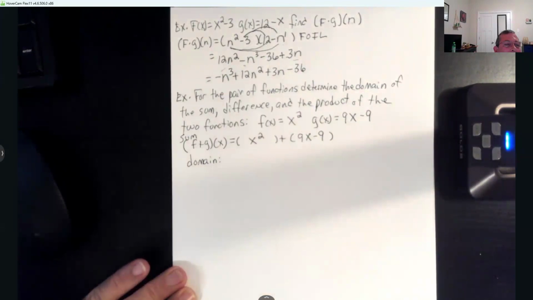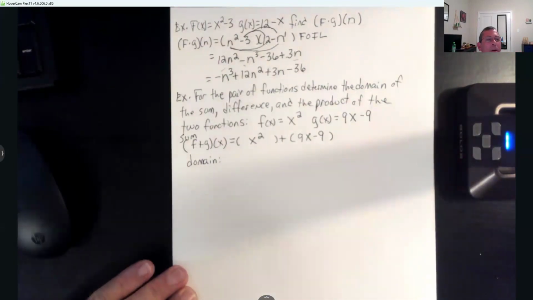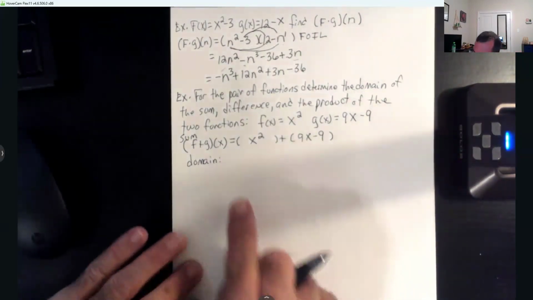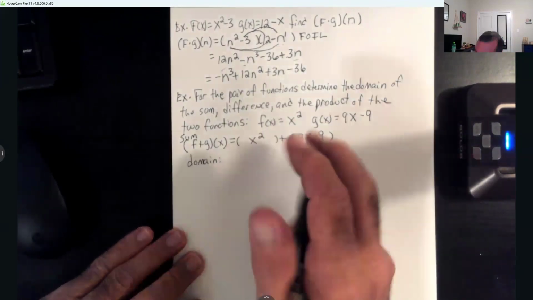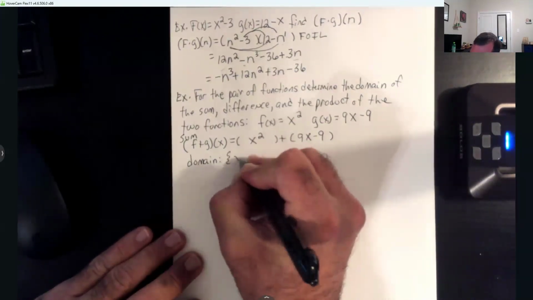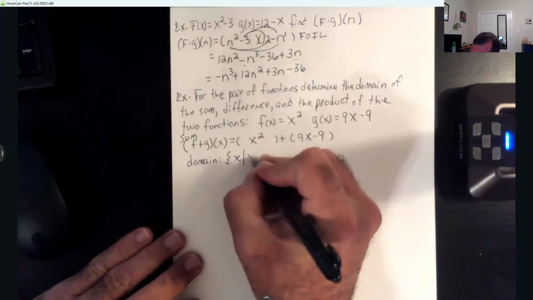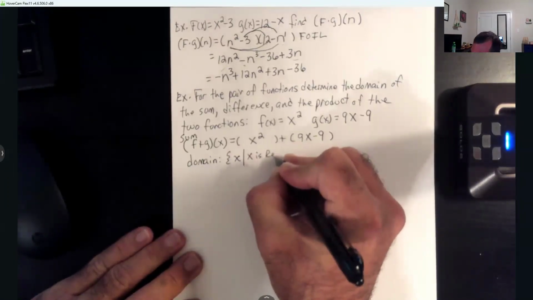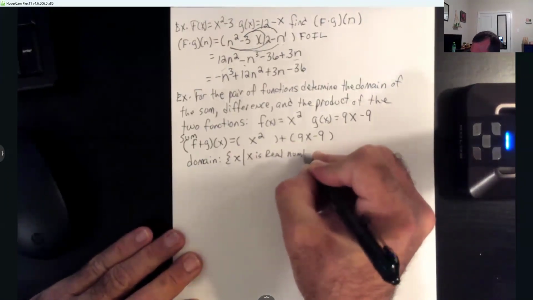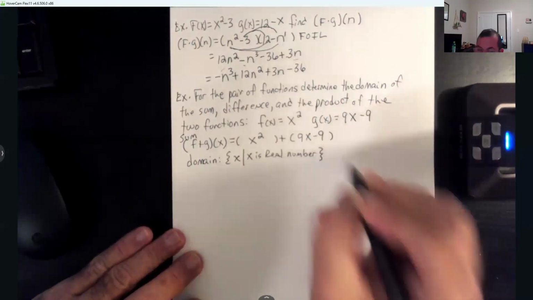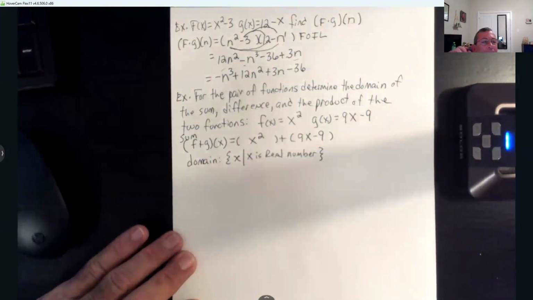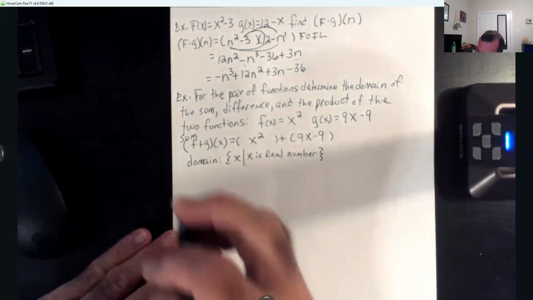Oh, key trade. Yeah, let me see what you got. All real numbers? All real numbers, Chase? Perfect. There's no fractions here. So the domain would be x such that x is a real number. Okay, so good job, Jackson. There's no fractions, so it's always going to be real numbers.